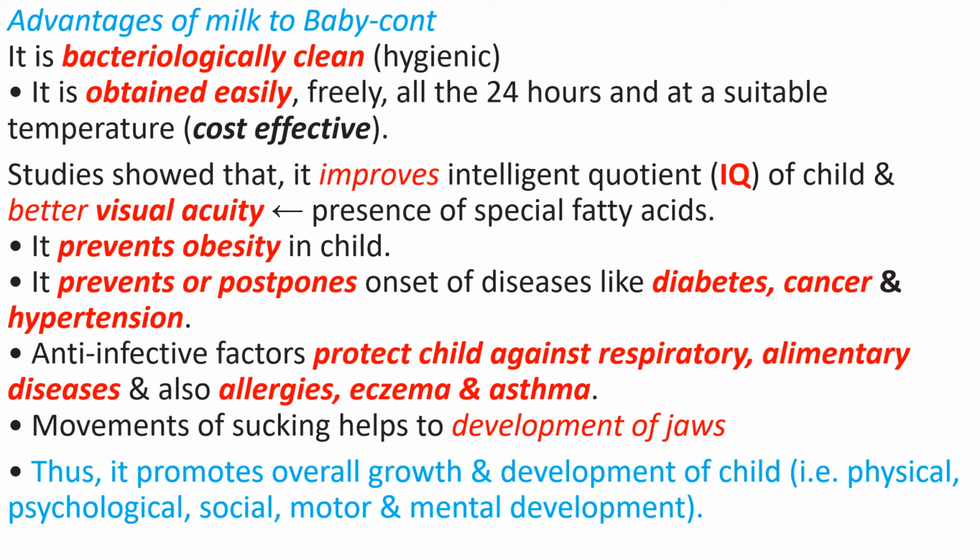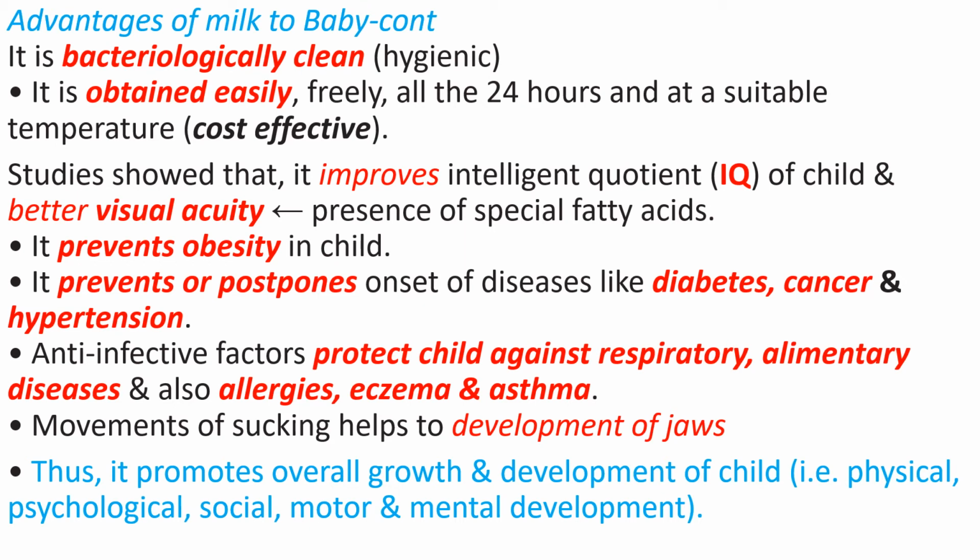Advantages of milk to the baby, continued. It is bacteriologically clean and hygienic. It is obtained easily. Studies showed that it improves the intelligence quotient, IQ, of a child and gives better visual acuity due to the presence of special fatty acids. It prevents obesity in the child.